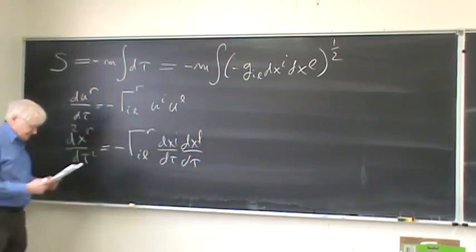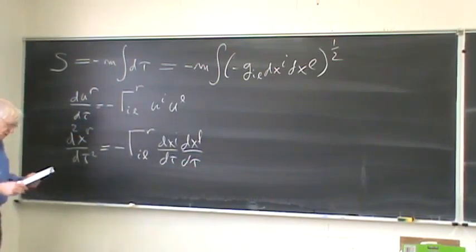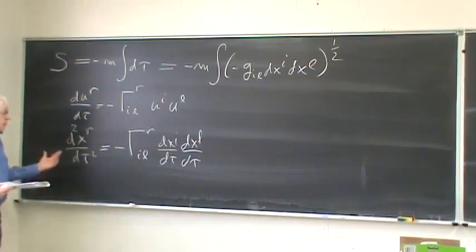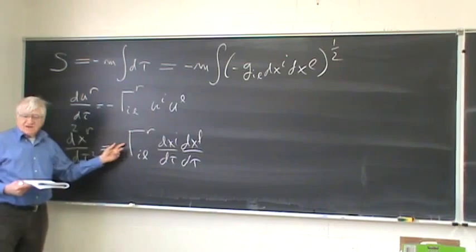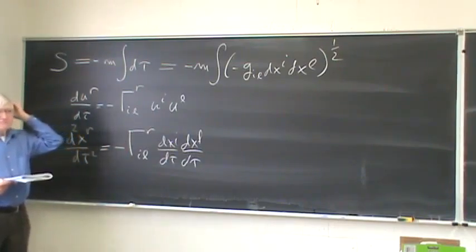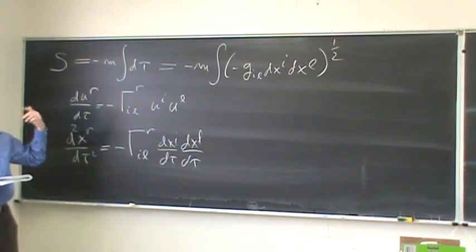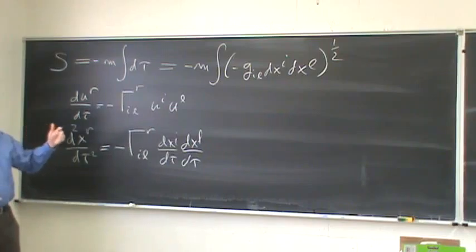Okay, so this is the equation for a particle in the gravitational field, and it depends upon these connections, and we derive the connections as given by the inverse of the metric tensor multiplied by 3 different derivatives of the metric tensor.